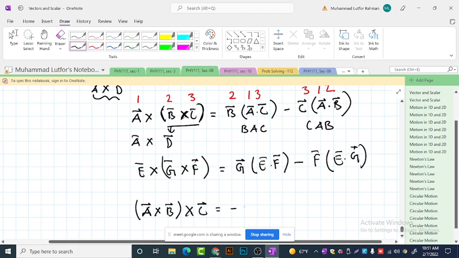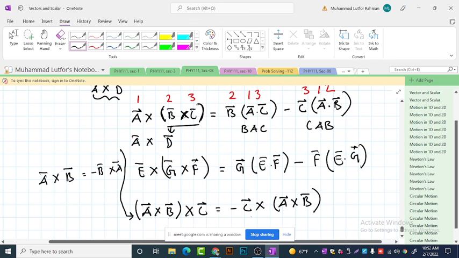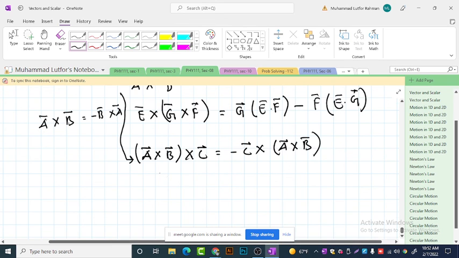I'll write minus C cross A cross B. Right? I use that anti-symmetric property, A cross B is actually minus B cross A. I use that idea over here. Then right now I can use my BAC-CAB formula, but again I have to use it in the form minus, it's a 2 1 3 first.